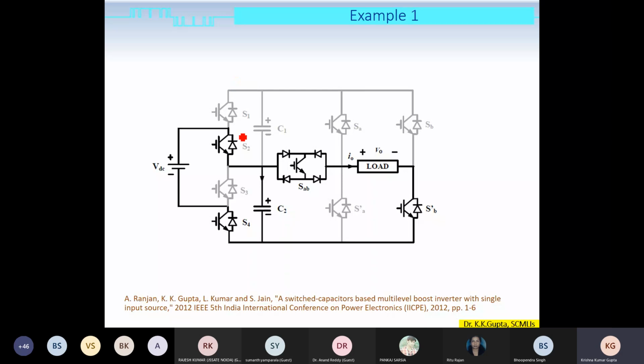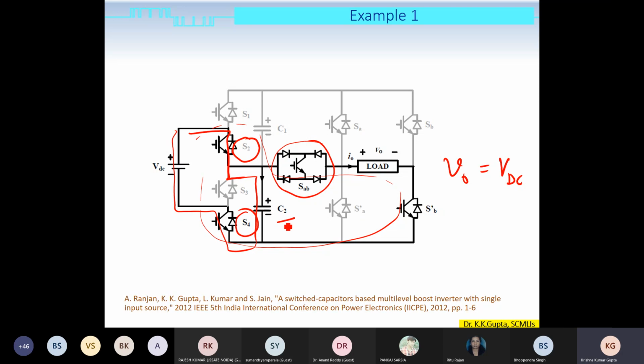So for example, in this state, we are turning on S2 and S4 simultaneously along with this bidirectional switch. If we apply KVL here, we see that the output voltage is equal to the input voltage, V0 is equal to VDC. At the same time, if you look at this path, you see that this capacitor C2 is in parallel with the DC source VDC.